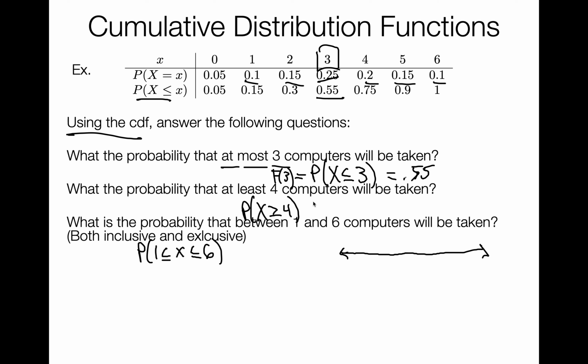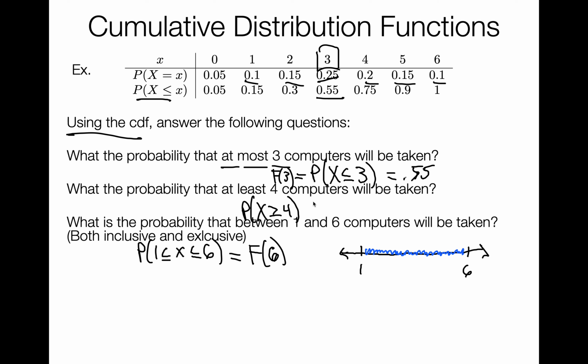So if I've got my number line here, 1 and 6, I want to find what's in blue, which is between 1 and 6. And here it's inclusive. The first step in getting that with a CDF would be to take the CDF of 6.